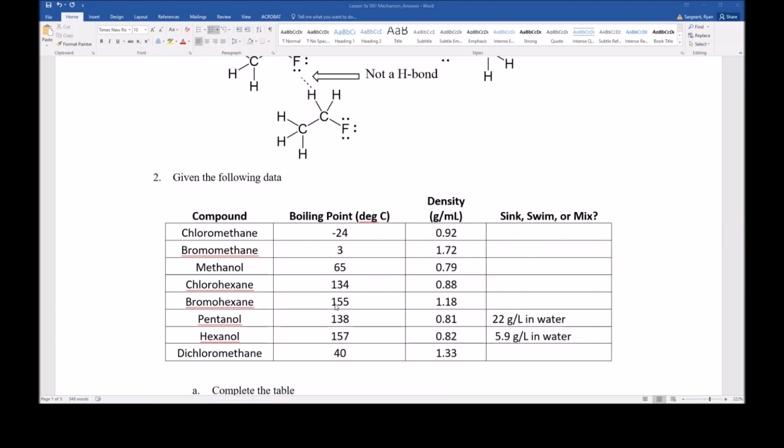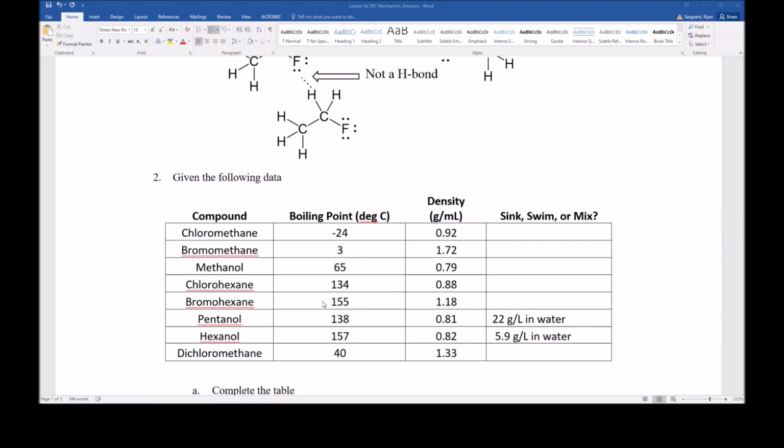Now let's look at methanol versus bromomethane. The reason that this pair is comparable to that pair is that this is 1 carbon with a bromine and 1 carbon with an alcohol. So in this pair I have the same number of carbons, and I'm just swapping out a bromine for an alcohol. Over here, I have the same number of carbons, 6, and all I'm doing is replacing a bromine with an alcohol.